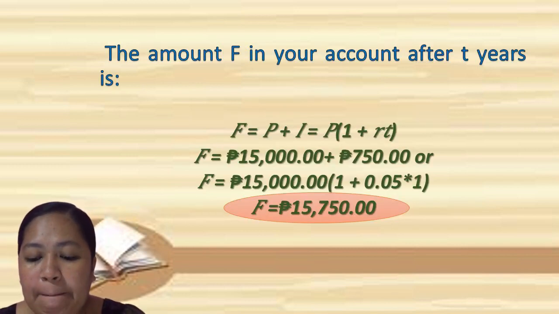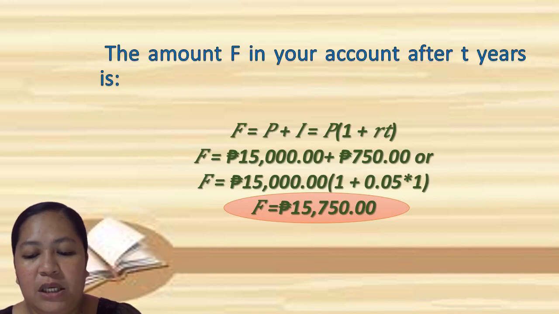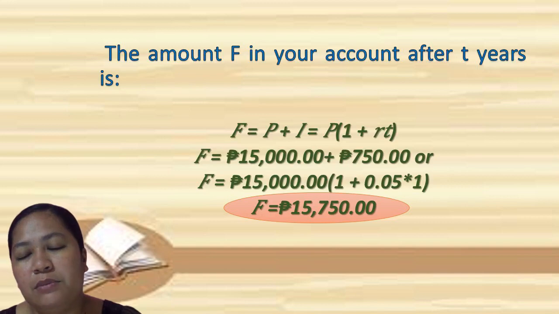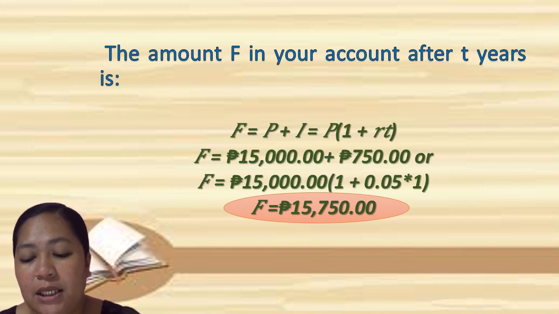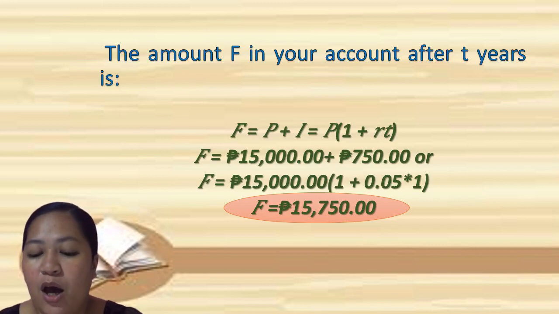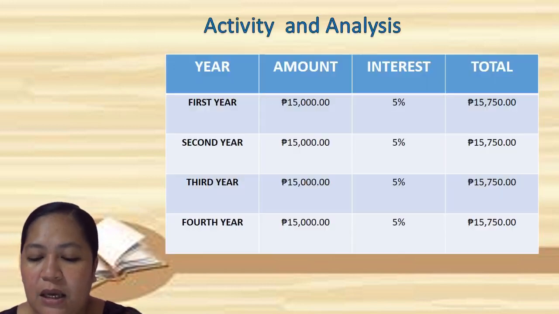Now, since we will be getting the total amount per year, again, F equals P plus I, or equals P times 1 plus RT. So that's 15,000 plus 750, or 15,000 times 1 plus 0.05 times 1. So that's 15,750.